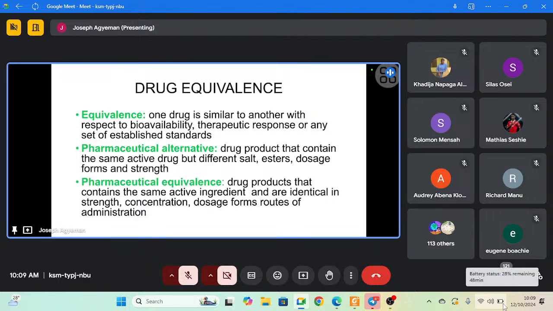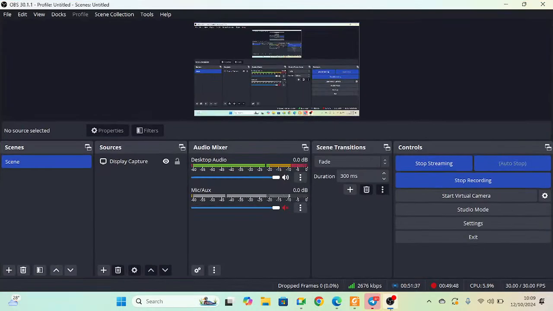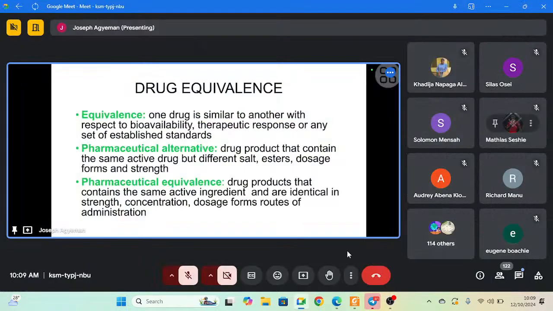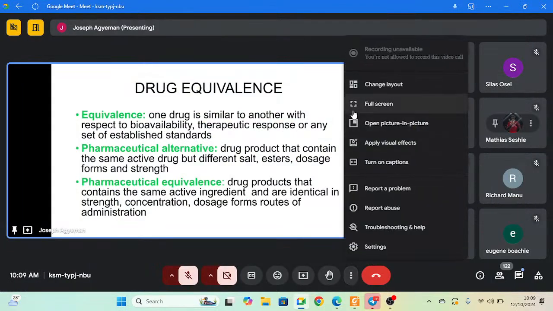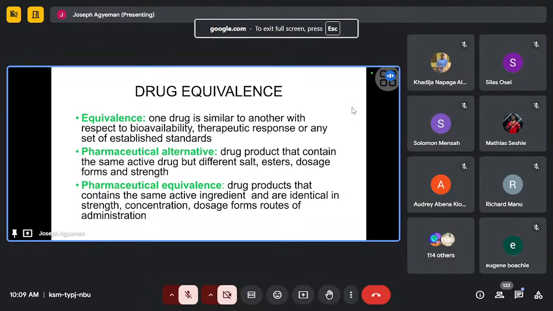Because with the essential medicines list, it will get to a point where you have drugs that are therapeutically equivalent, that you need to select one into the list. And we need to understand the term therapeutic equivalence. And because of that, you never know how the exam may go. Anything at all can happen. So you will not only look at that term, but other related pharmacokinetic terms we need to understand.